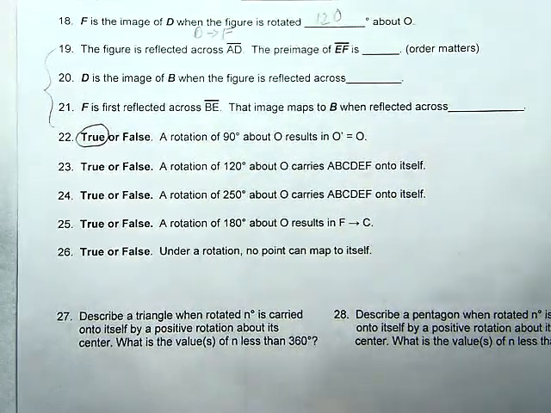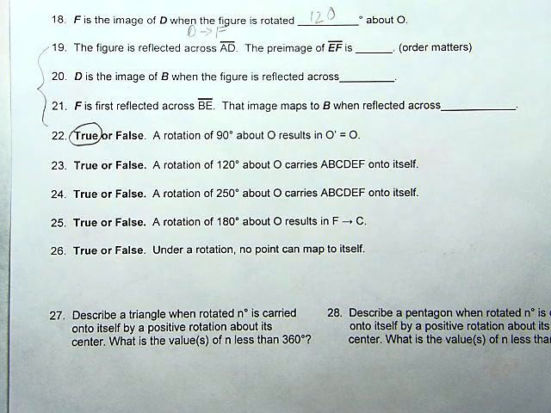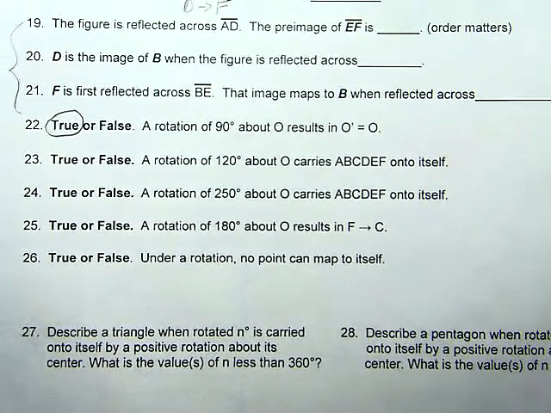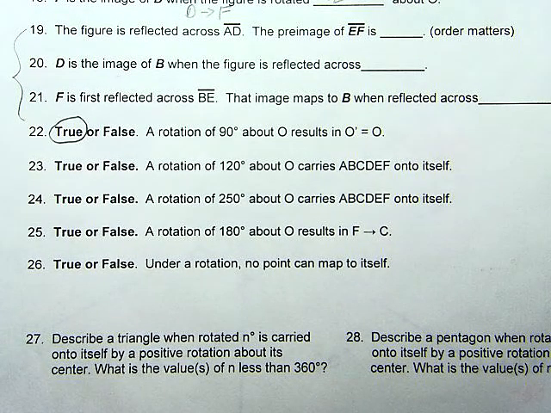Okay, let's look at number 23. A rotation of 120 degrees about O carries A, B, C, D, E, F onto itself. This is the same kind of terminology that we've used before when we talk about the figure falling right on top of itself.